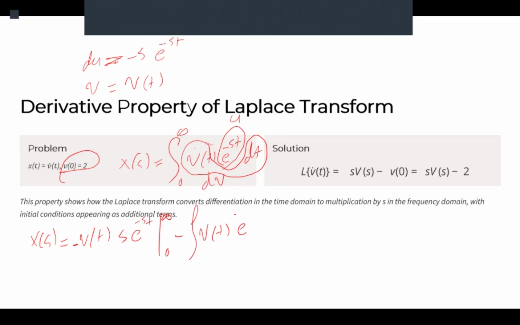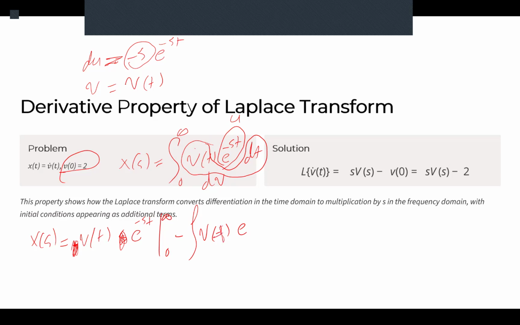Sorry? This minus came from here. Did I? Yeah. Oh, no. Yeah, you are right. There is no minus. Yeah, you're right. Thank you. So this is u, this is v. So it's going to be v of t times e to the power of minus st. My bad.